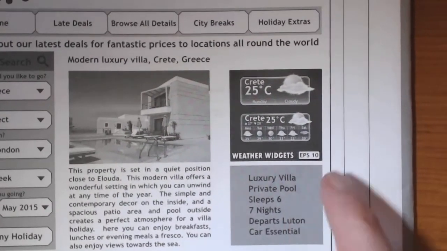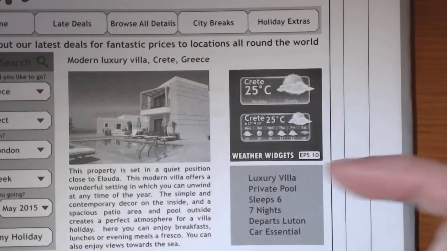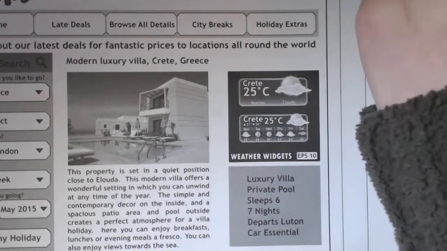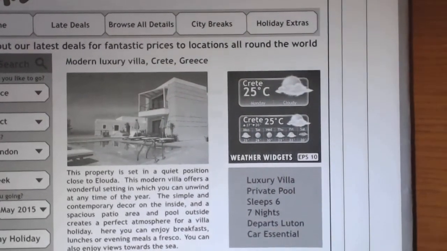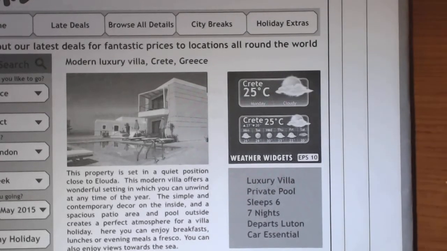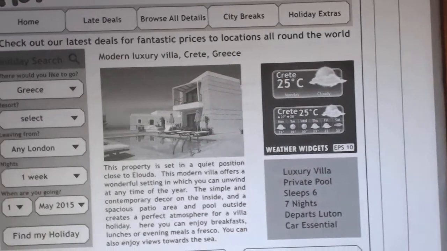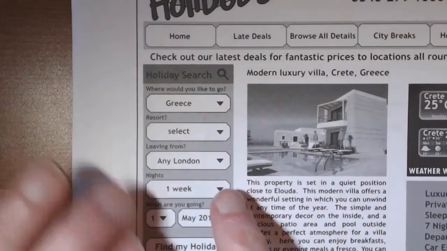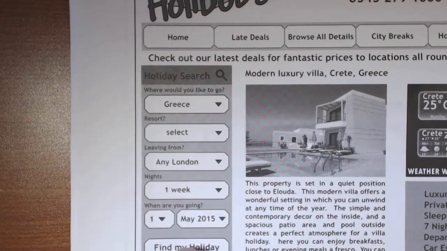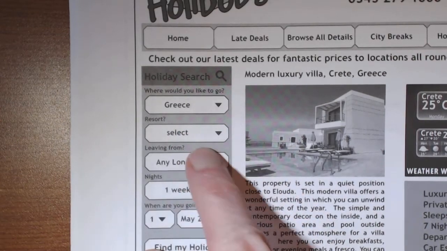Now, you see this quite often, you get real-time information fed into your website, so it makes it more dynamic and makes it more interactive as well. You might also find if you're having to fill in a form, and if you went and find my holiday, you might not have selected resort.